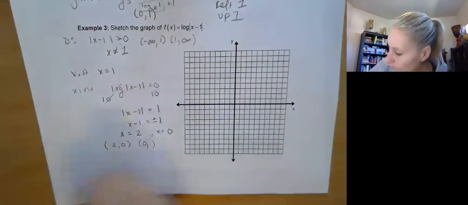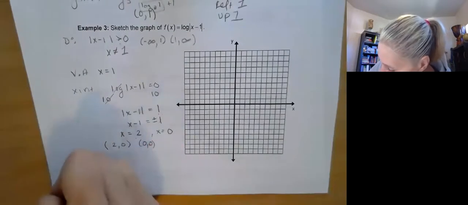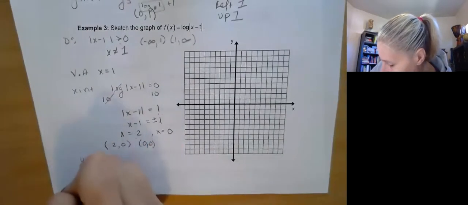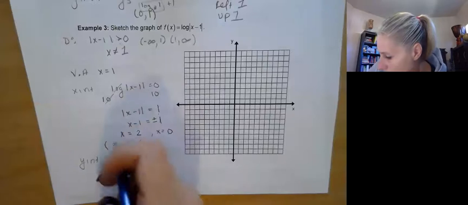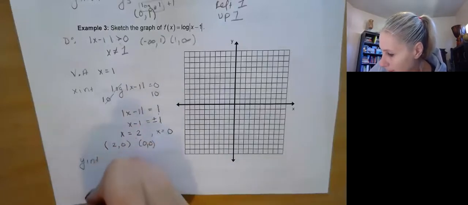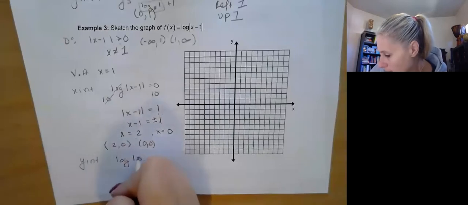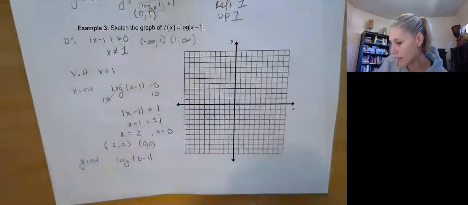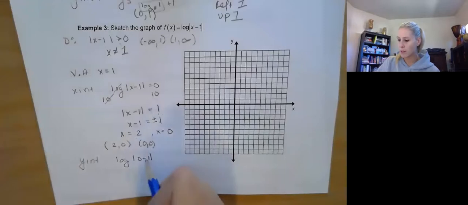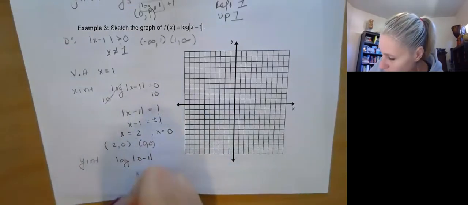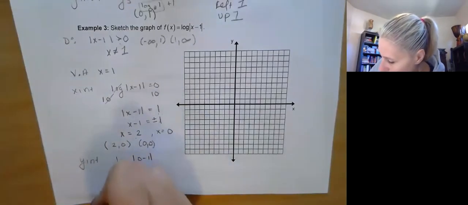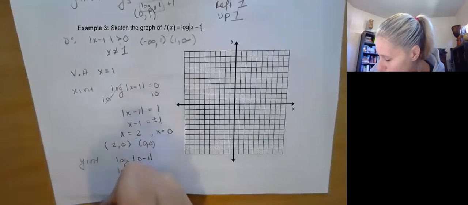Okay. Y-intercept. All right, let's set x equal to 0. So log of the absolute value of 0 minus 1. Well, the absolute value of -1 is 1, so log of 1.